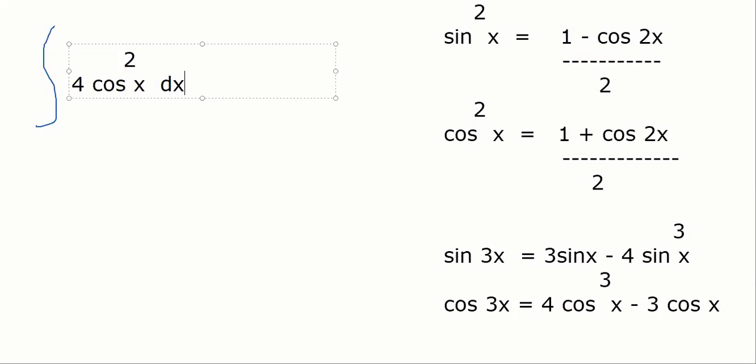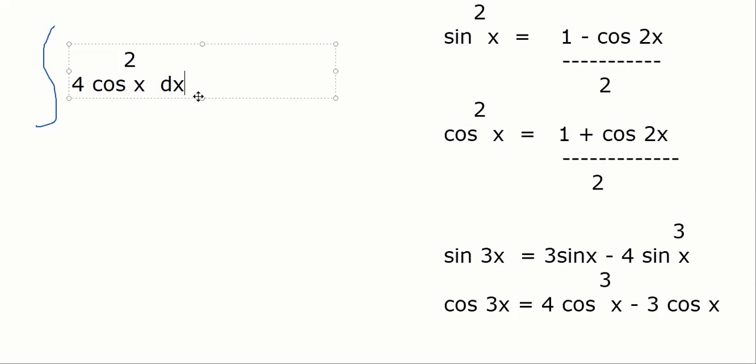You know cos square x you can always write in the form of cos 2x. The whole objective is that sine square x, cos square x, sine cube x, cos cube x, you write in the form of cos of nx. It can be cos 2x or it can be cos x or like that. That is how you have to do it.